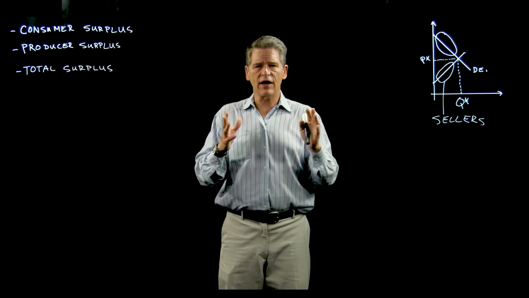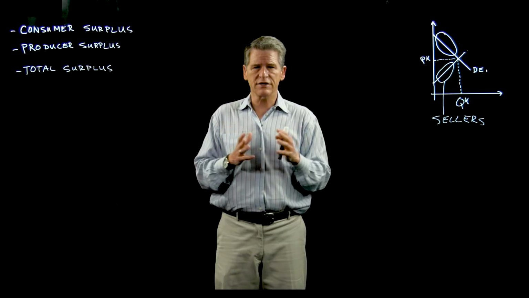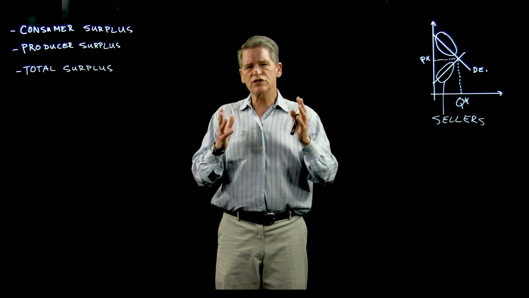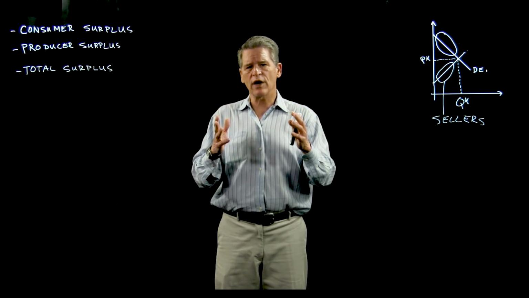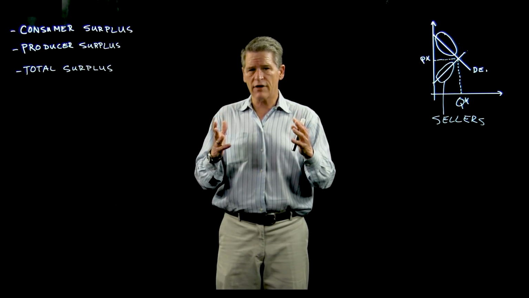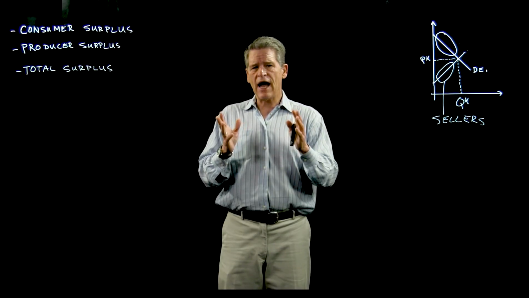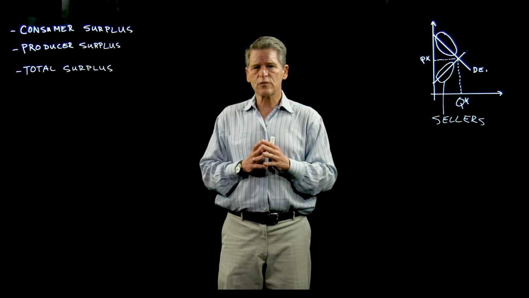You can see in the diagram how we use demand and supply to determine market equilibrium and price. Now we want to use those same curves to evaluate consumer and producer and total surplus and economic efficiency. I will show you in later videos how to use demand curves to make those determinations.